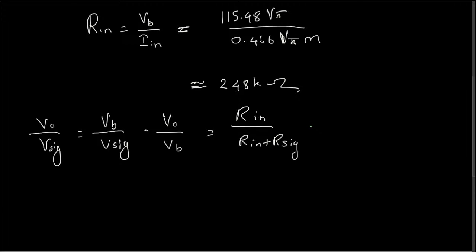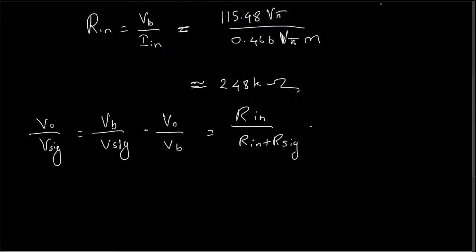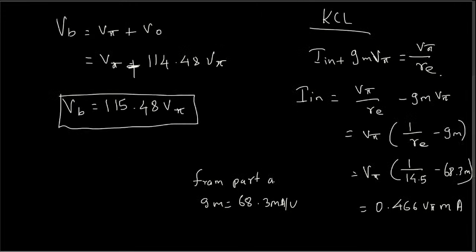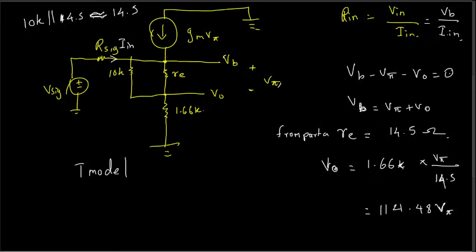Now we have all the known variables because VO is already there. VO we calculated to be 114.48 V5, and VB we already know, that is 115.48 V5. The R in value we calculated to be 248K, in the numerator and denominator, and then R sig is readily available to us, that is 10K.